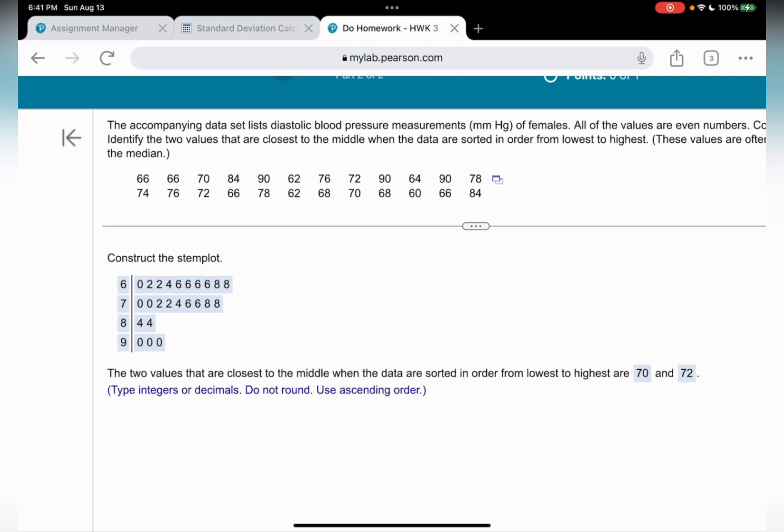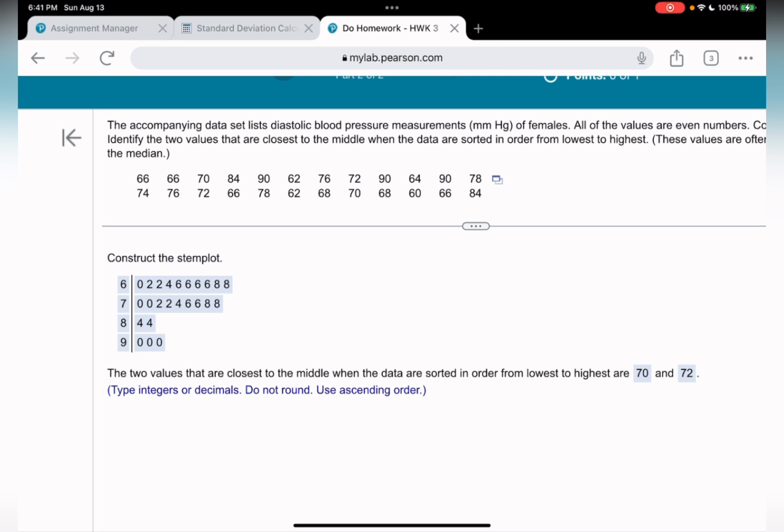So 1, 2, 3, 4, 5, 6, 7, 8, 9, 10, 11, 12. So total 24. So our two middle are going to be 12 and 13, right? So the lowest to highest, so what's it? Hold on. The two values that are closest to the middle when data are sorted. Okay, 12, 13, it's going to be counted as a median, right?